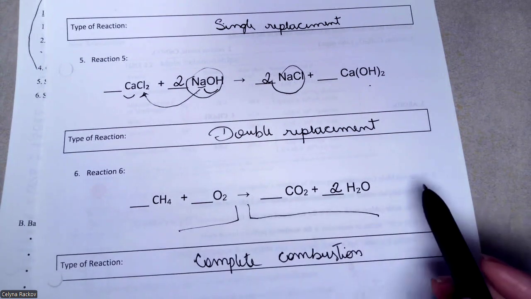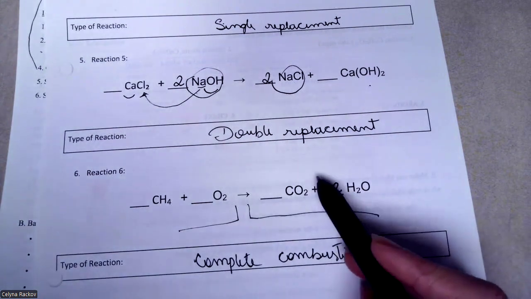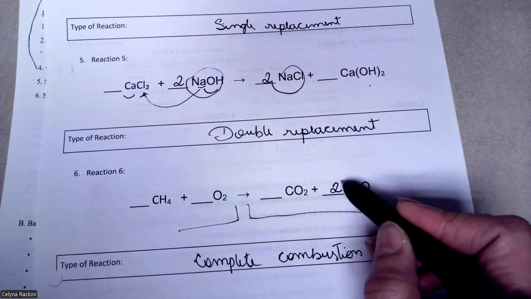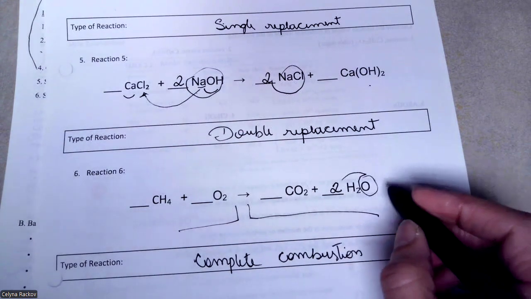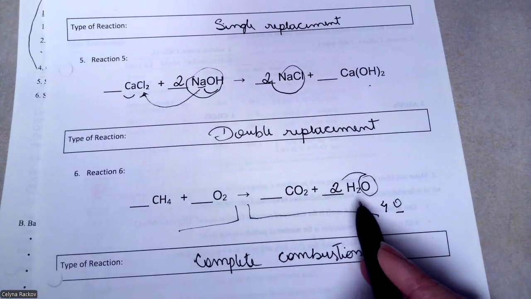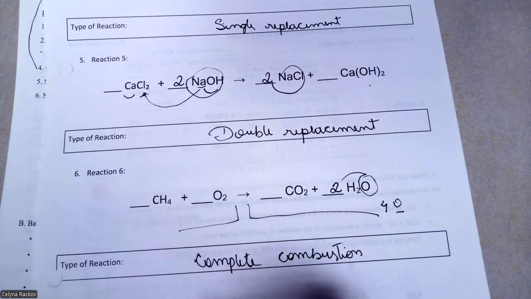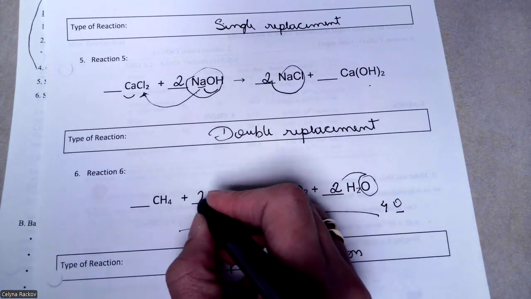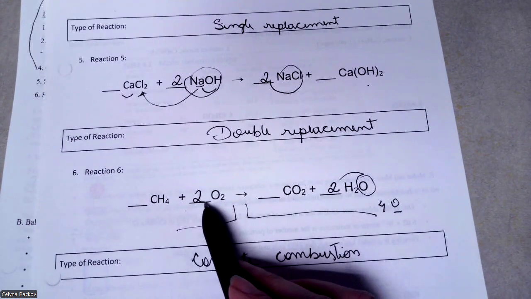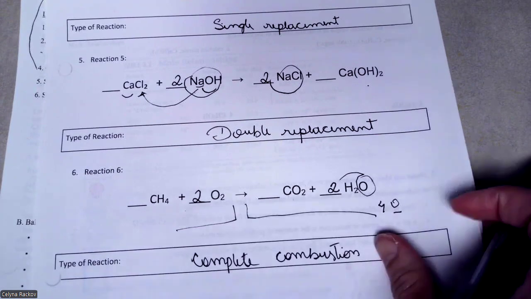And how many oxygens in the product side? We have 2 oxygens here, plus 2. So we have 4 oxygen in the product side. You also need to have 4 oxygen in the reactant side. So let's write number 2 right here. So 2 plus 2, 2 times 2, 4 oxygen. So the reaction now is balanced.